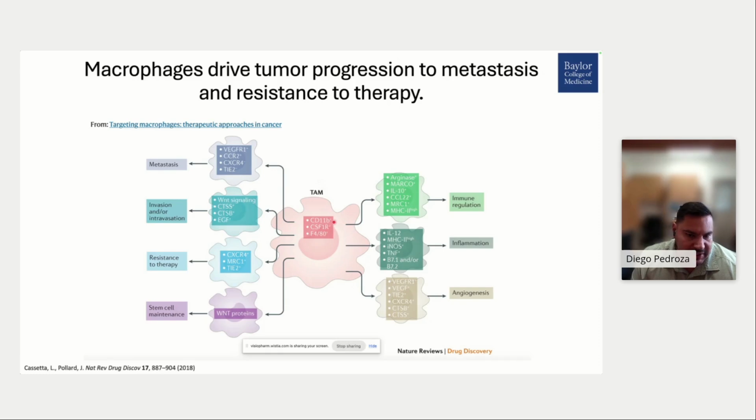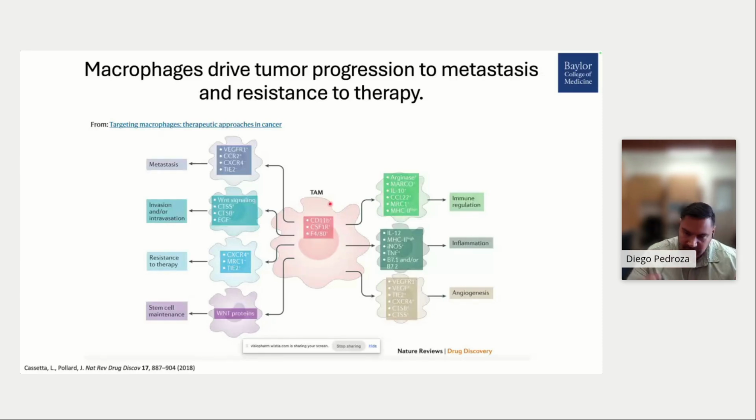They can be denoted by CD11b, CSF-1R, or F4/80, which I just showed you. But they play a lot of different roles. They can play a role in immune regulation, inflammation, angiogenesis, as well as stem cell maintenance, therapy resistance, intravasation, as well as metastases. And these were some of the early markers that were captured using flow cytometry.